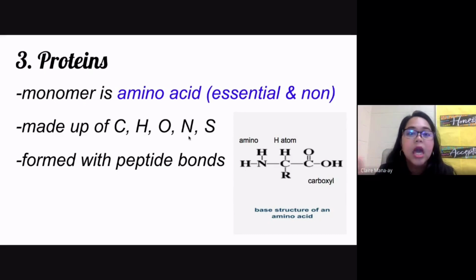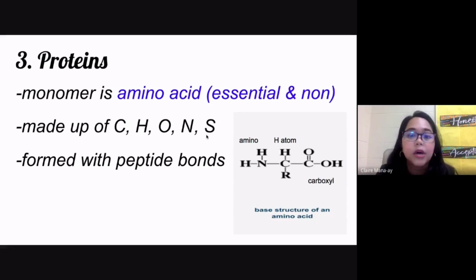If you are given a molecular structure in your EOC test, for example, and you don't know what this structure is, and the question is what type of biomolecule it is, if there is no nitrogen, then that is not protein. If you see nitrogen in that structure, then that is a giveaway that it is actually protein.